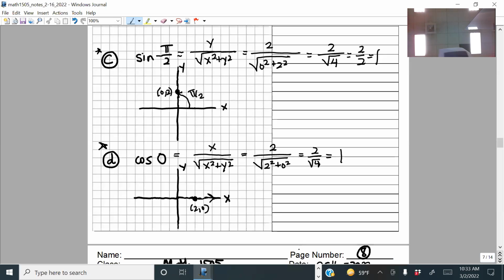Pi over 2, etc. There's this picture of the special angles, and this picture shows how you can use this scheme, picking the point off of the terminal side to find the trig ratios for not just the special angles, but also multiples of the special angles that are bigger than 90 degrees.